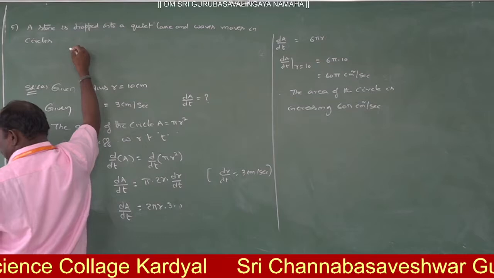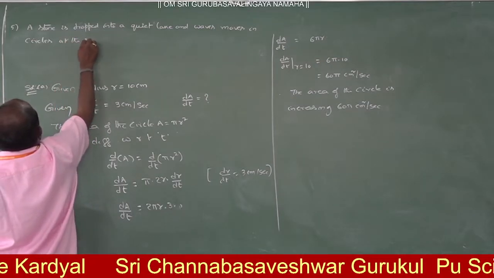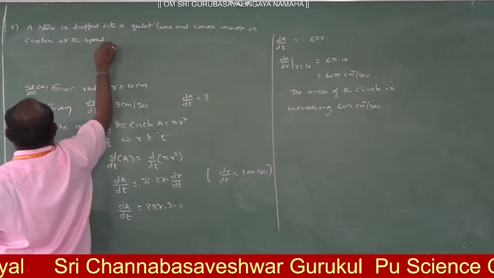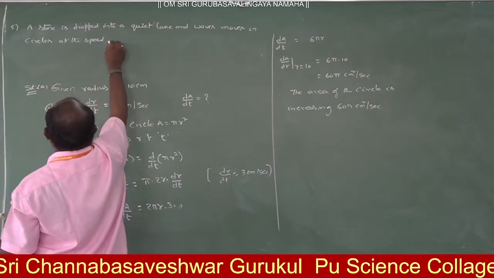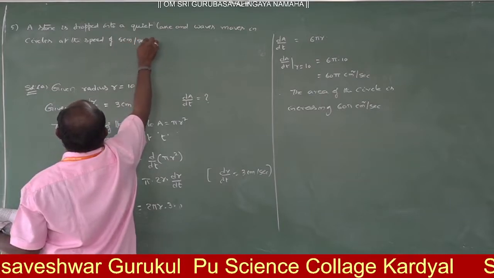Waves move in circles at the speed of 5 centimeters per second.